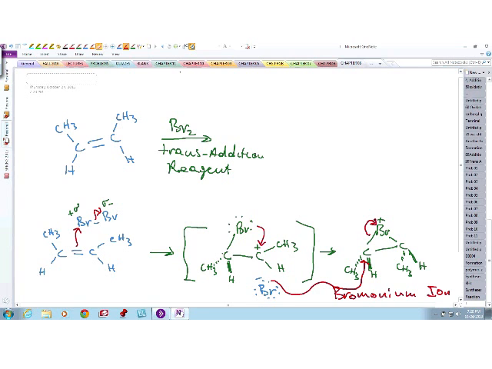And if it does that, this will open up, and that's how you're going to get your trans product. Or it could also come from here. If it does that, this also opens up. And either one of those will give you an enantiomer. So that is how you form two products.